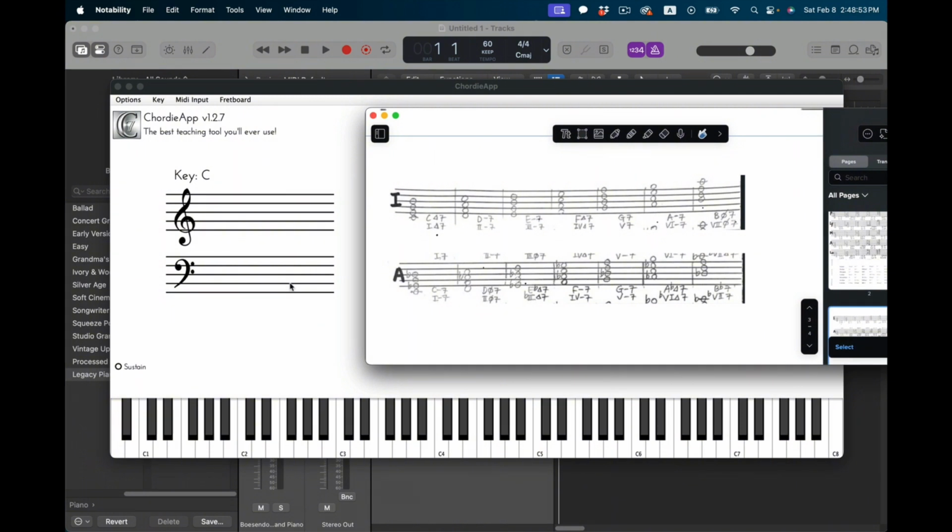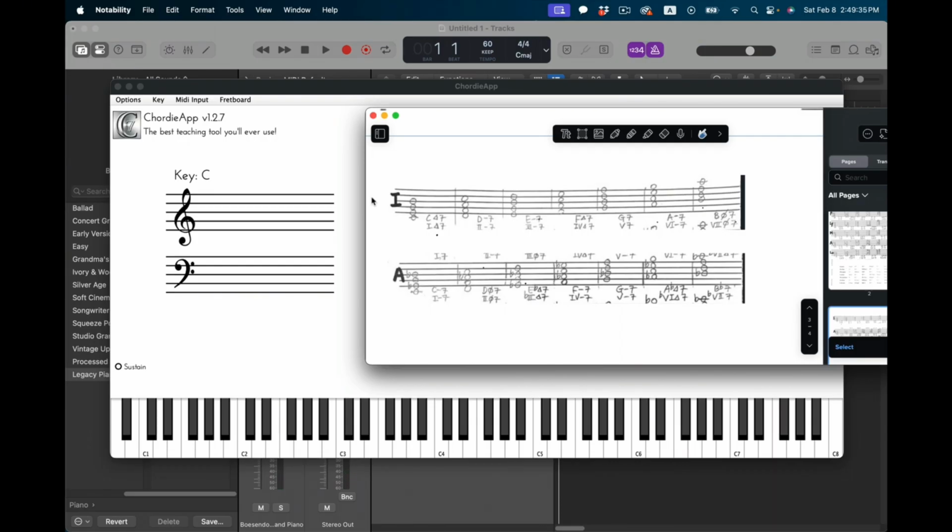So, this is C major 7. Oh, we're starting with C major, by the way. C Ionian here. C major 7, D minor 7, E minor 7, F major 7, G dominant 7, A minor 7, and B half diminished 7.